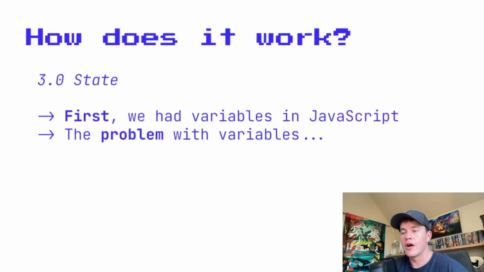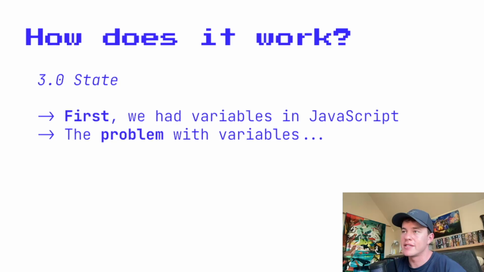If we're only updating the JavaScript and not updating the screen, the display, then the screen is going to look the same as it always did, which kind of defeats the point. The user can't see the interactivity, they can't see the updates. So to solve this, we use what's known as state in React.